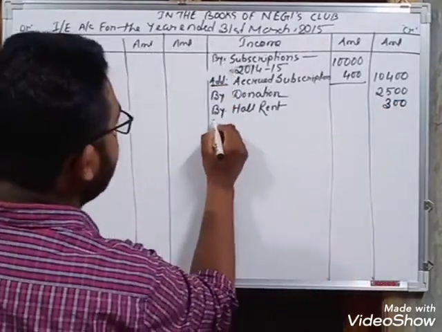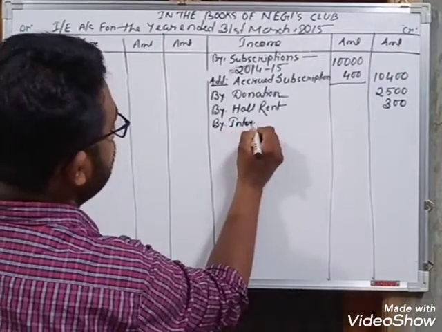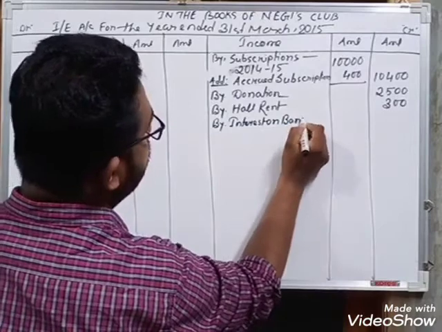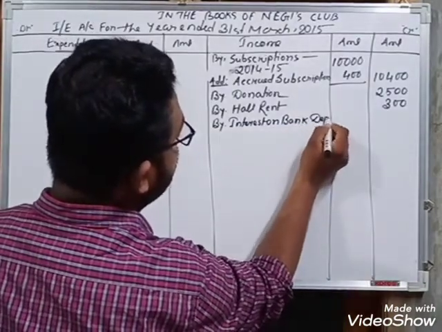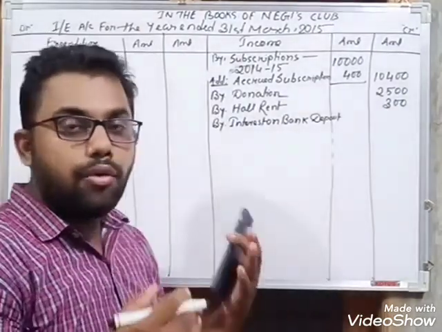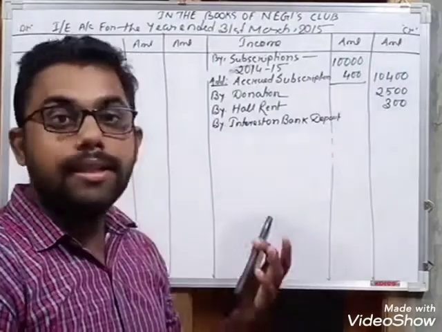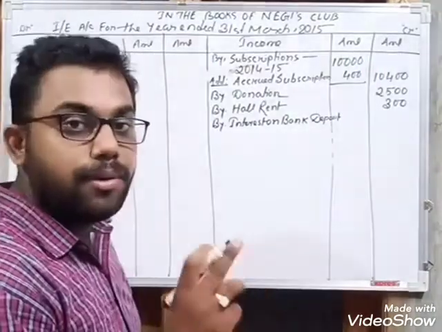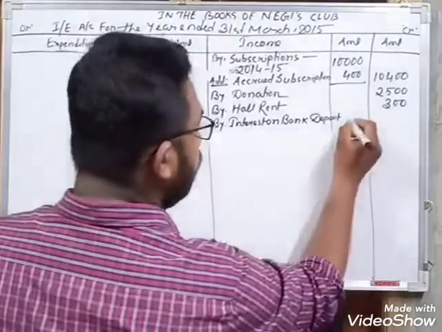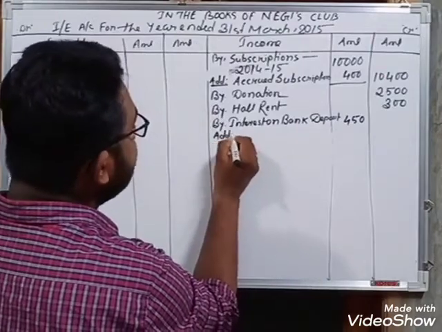Next one is by interest on bank deposit. Now you tell me why I will put this in the final column or the inner column. In the inner column, because interest receivable from the bank is there in the adjustment. So what is the amount? 450, and with that we have to add the receivable interest.